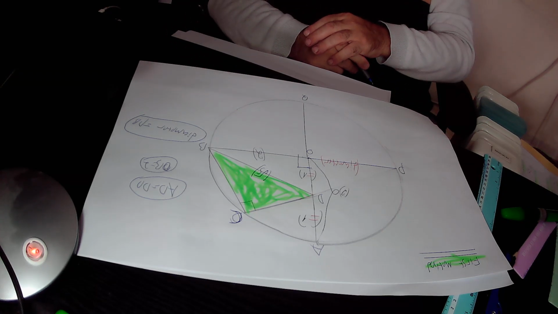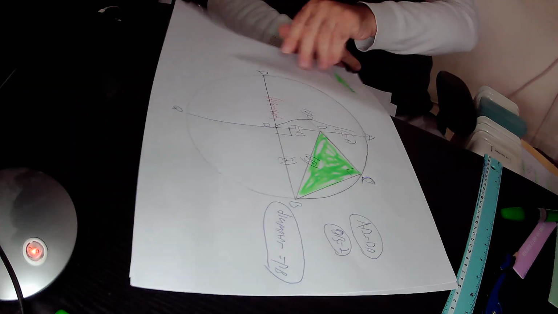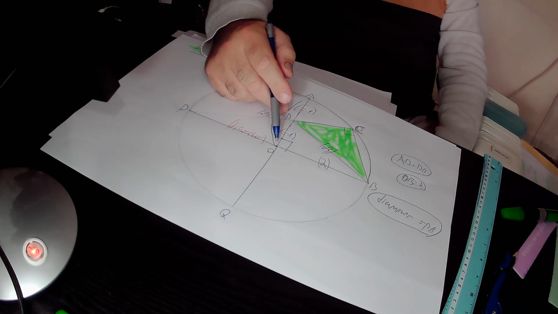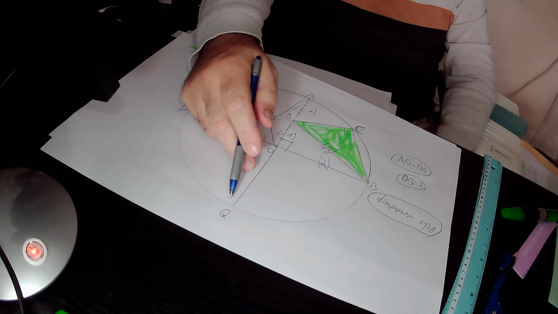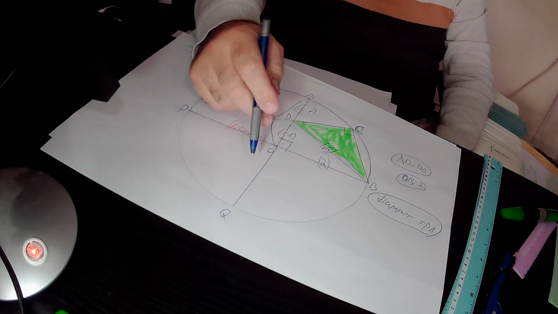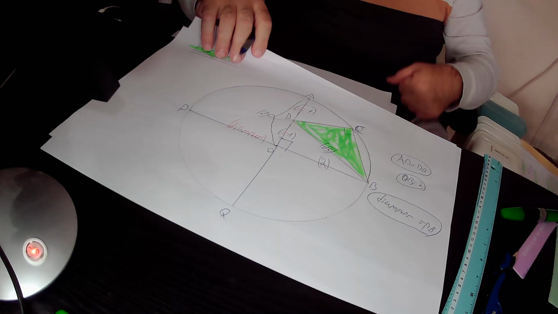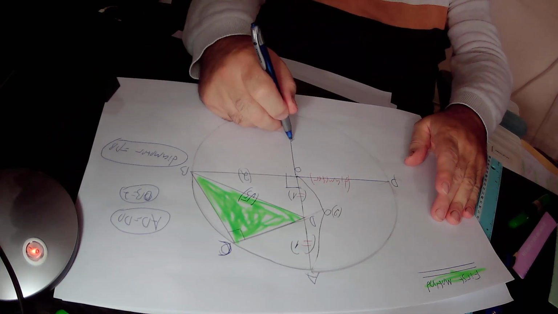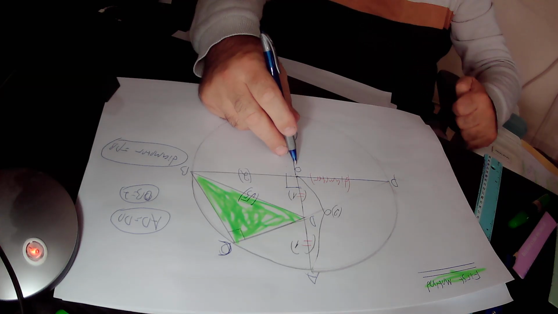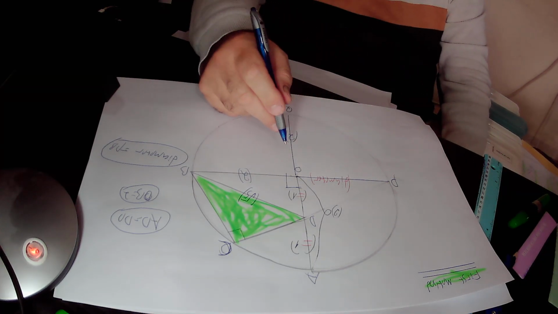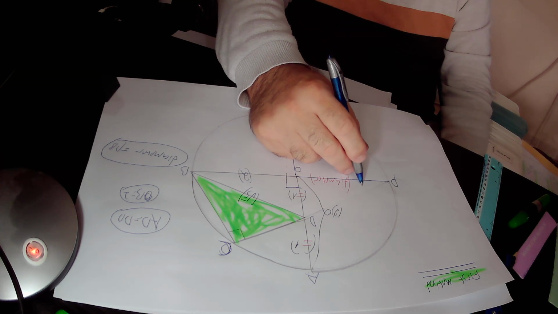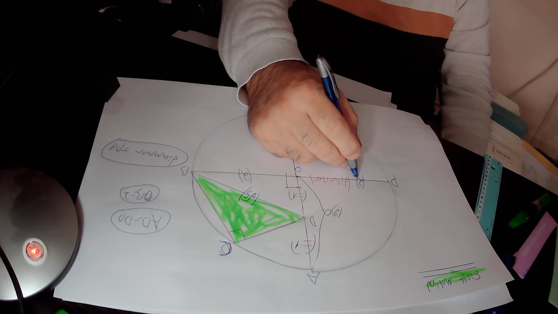Okay, so point O is the center of this circle, point Q is a point on the circle itself, therefore OQ is the radius of this circle, and equals 2. Likewise, point O is the center of the circle, point P is a point on the circle itself, therefore OP is also the radius of this circle, and equals 2 units in its length.